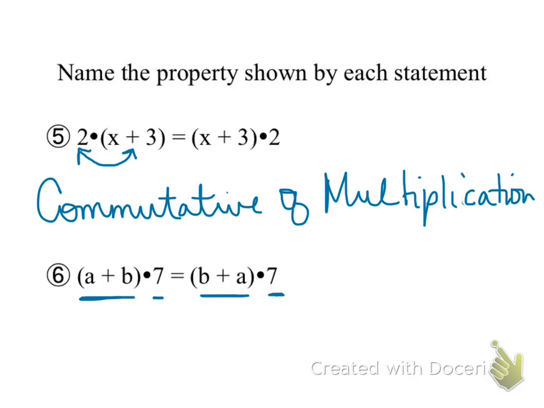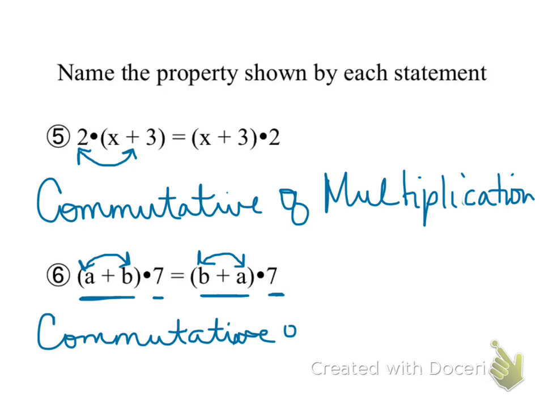So it's not associative. It stayed associated with the same two letters. However, the a and the b switched places on both sides of the equal sign. That's indicating that it commuted around an addition sign. So commutative of addition.